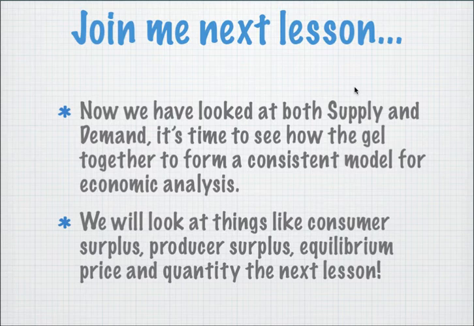We'll also be looking at consumer surplus and producer surplus, so we're doing a bit of welfare analysis in the next lesson, and also equilibrium price and quantity. What happens when supply increases and demand increases, or when both of these shifts happen simultaneously? How would that affect the equilibrium price and quantity in the marketplace?